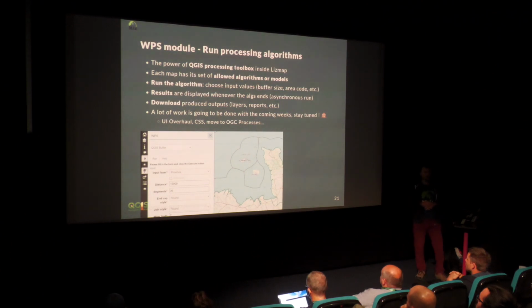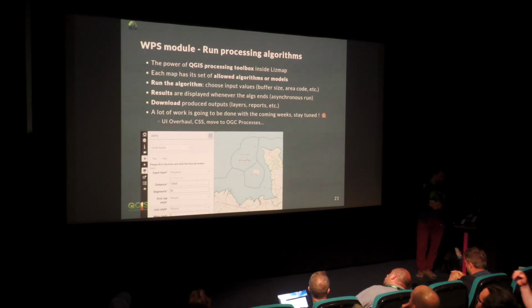WPS module. Soon as well, we are going to improve this module. I mean, I have one colleague working on this to add the new OGC Processes API. So basically, it's to run all the processing toolbox from QGIS on the right side. It's to expose some of these algorithms on the web interface.